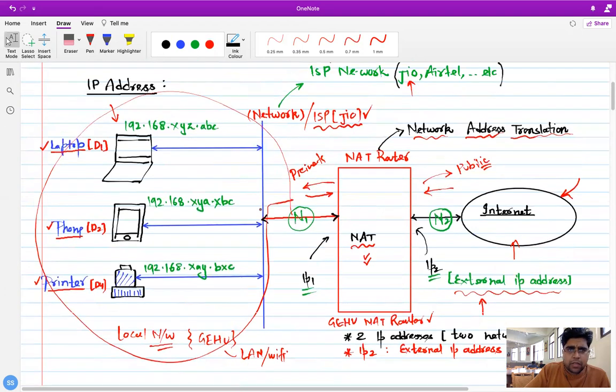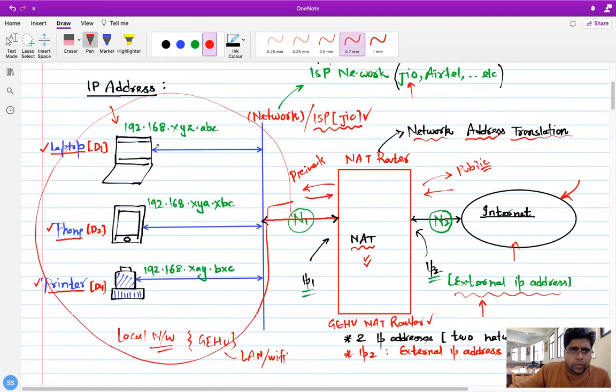Because as far as we understood, this would be assigned to this particular machine and this would be assigned to this particular ISP. Okay, I hope this is clear. This would be B and this is A. So A is the IP address assigned to a particular machine, and B would be the public IP address for your ISP network, right? So how to get this external or public IP address, and how to get this private IP address?